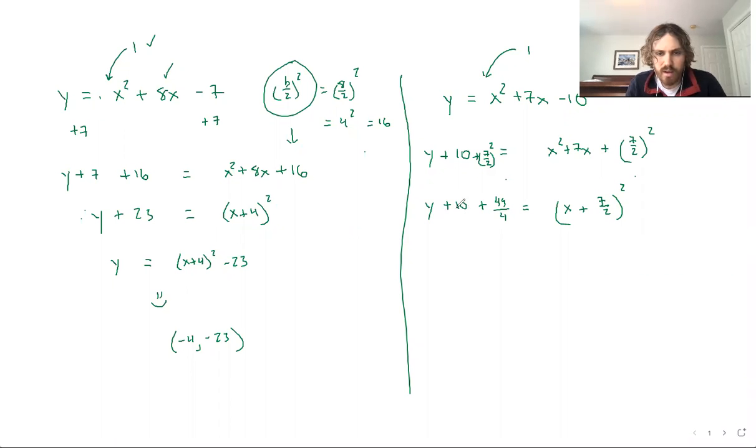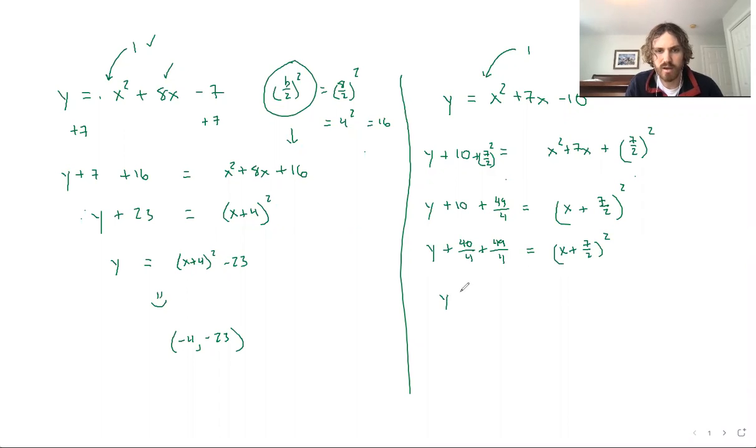Here, we've got y plus 10 plus 49 fourths. 10 is 40 fourths, so I'm just going to write that as 40 fourths to get a common denominator. I'm having some issues here with my pen. And that equals x plus 7 over 2 all squared.